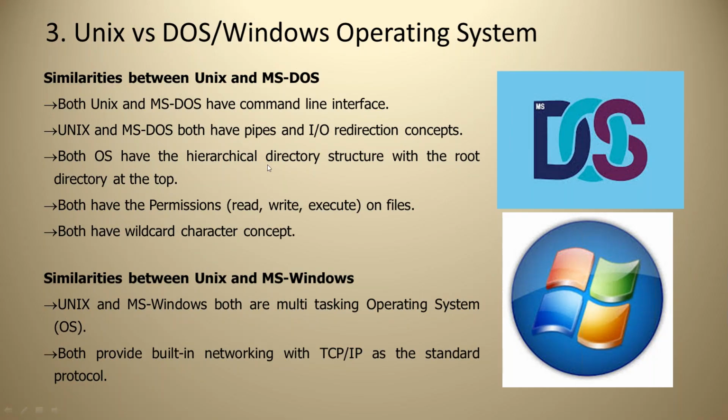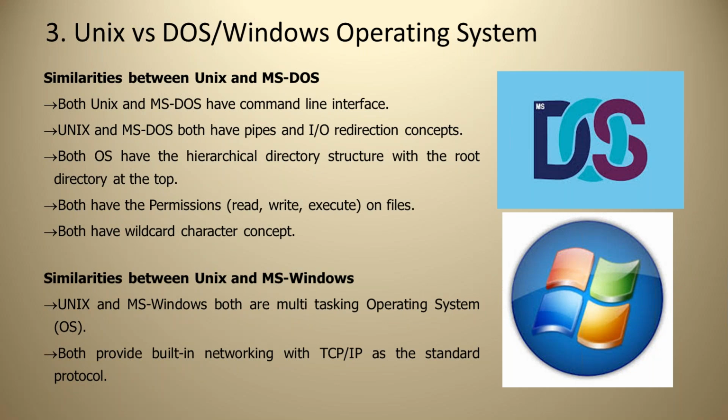This is one similarity. Both operating systems have hierarchical directory structures. The tree structure which we discussed is available in DOS as well as Unix. Both have permissions, read, write, execute permissions on files. This is available in both. Both have the wildcard character concept.